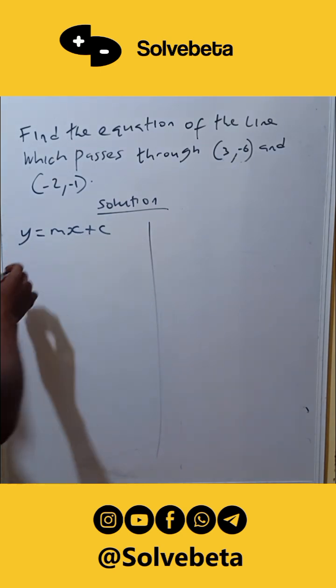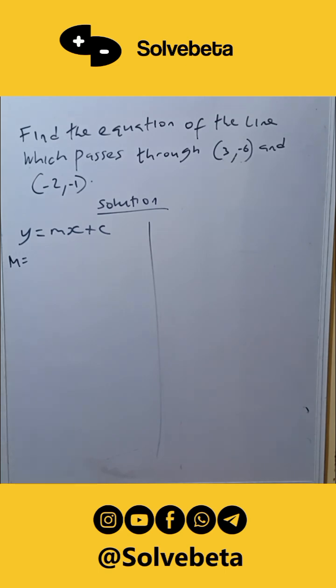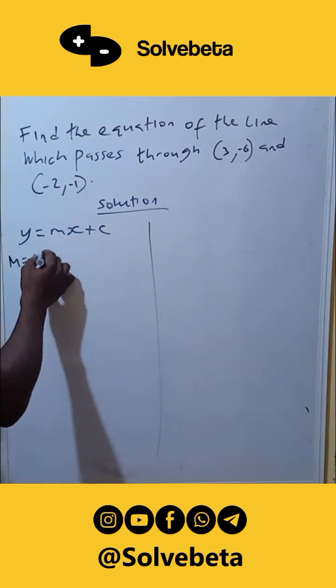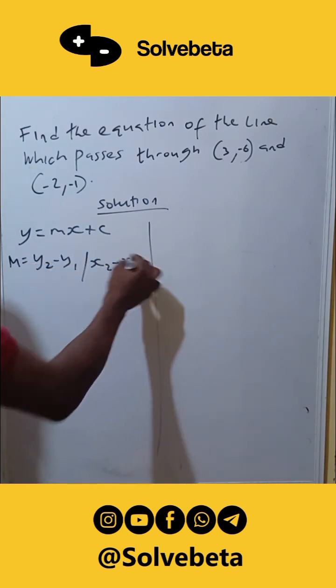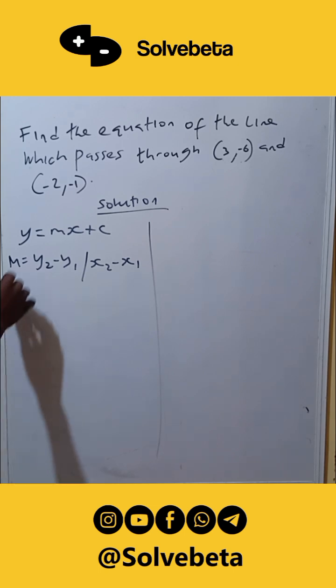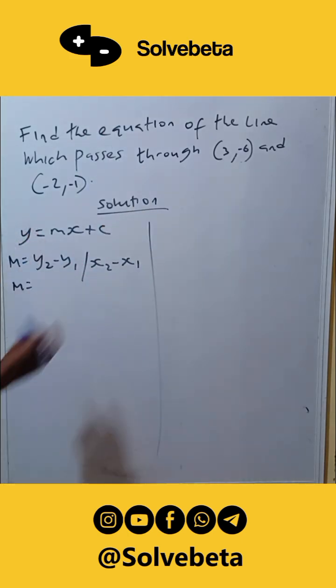So how do we get m? M here represents the gradient or the slope. So you have y2 minus y1 over x2 minus x1. What is y2 here? What is y1?